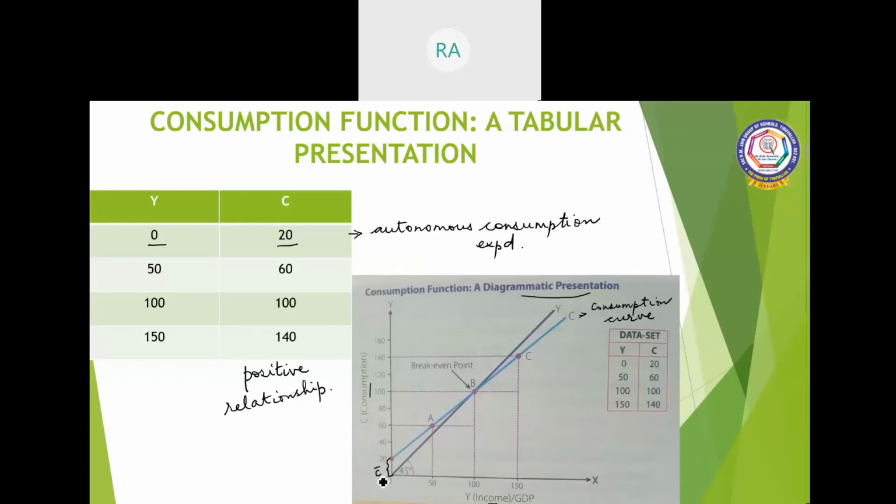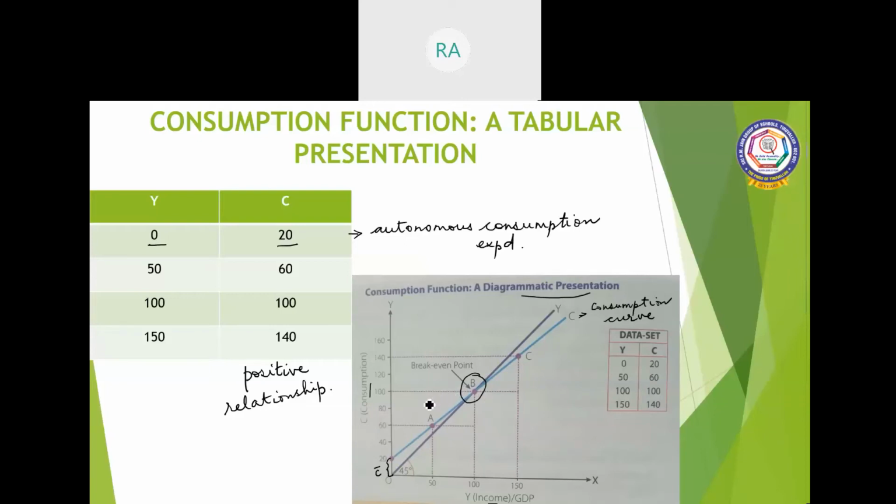This is the minimum level of consumption. Initially, the C curve is above Y, that is income, and then it intersects the income curve at the point B, which is called the break-even point, and then it is below the income curve.